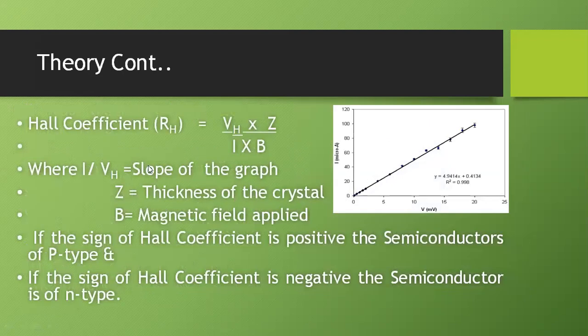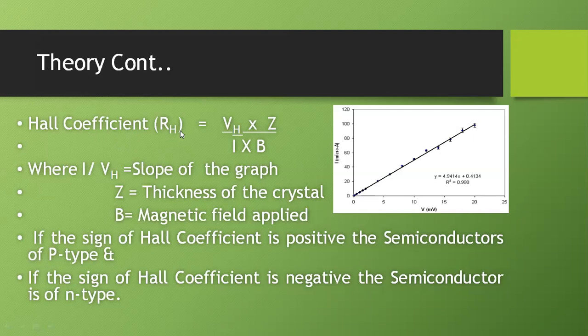Here, once you have performed the experiment, you can calculate the Hall coefficient. By calculating the Hall coefficient, you can determine the nature of material and nature of charge carriers.